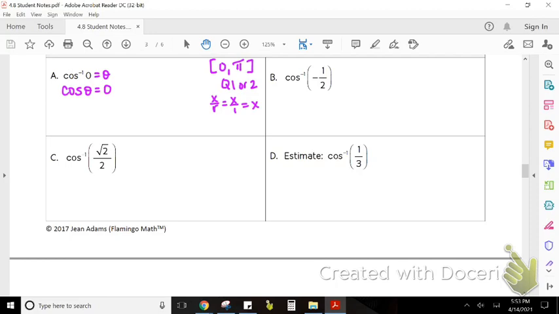So where cosine is 0, that means I'm looking for where my x is 0. So where in quadrants 1 and 2, from 0 to pi, is my x value going to be 0? Well, x is 0 on the y-axis, so it's up there at the top, when our angle is equal to pi over 2.